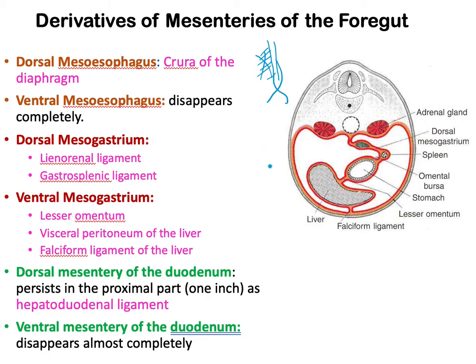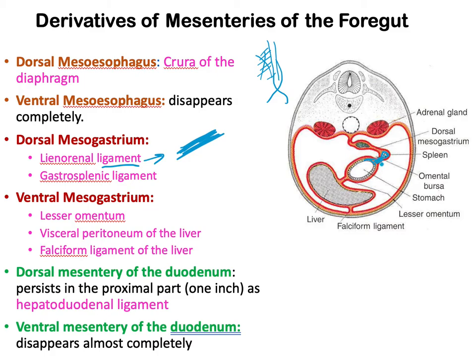Now come to the stomach. Here is the stomach, connected by ventral and dorsal mesogastrium, but let us start with the dorsal mesogastrium, in which it's connected to the spleen by the gastro-, because it's the stomach, right? This mesentery or ligament, what's a ligament? A ligament here is a double layer of peritoneum thickened to form a ligament.